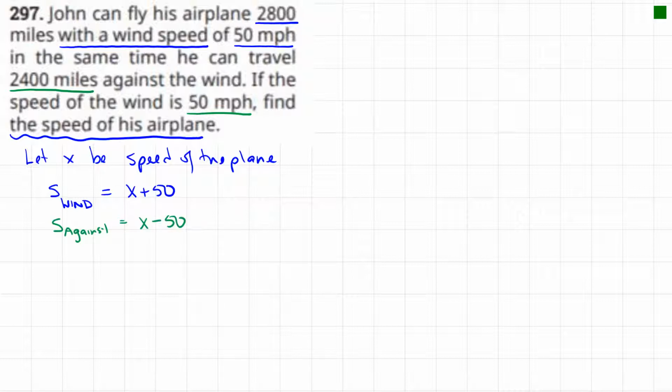The distance that they're going to travel with the wind is 2,800, and against the wind is 2,400. Now what links these two? That is the time, and the time we know is the same. So the time it takes to go with the wind has to equal the time against the wind.